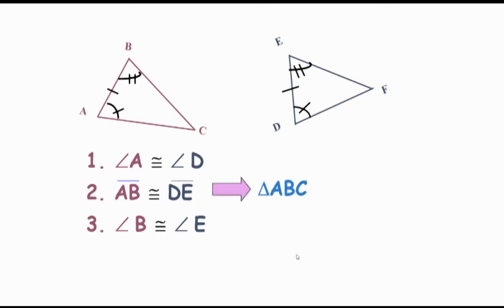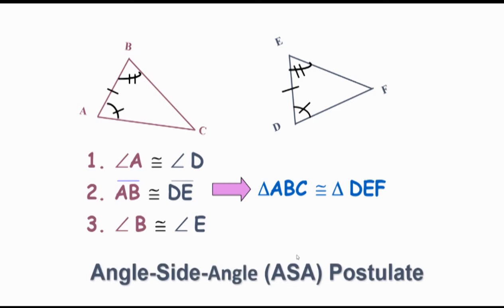So we can say triangle ABC is congruent to triangle DEF, following the postulate angle, side, angle.